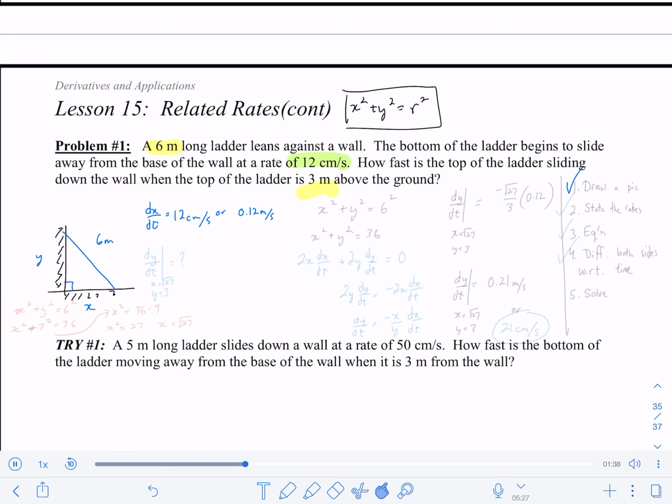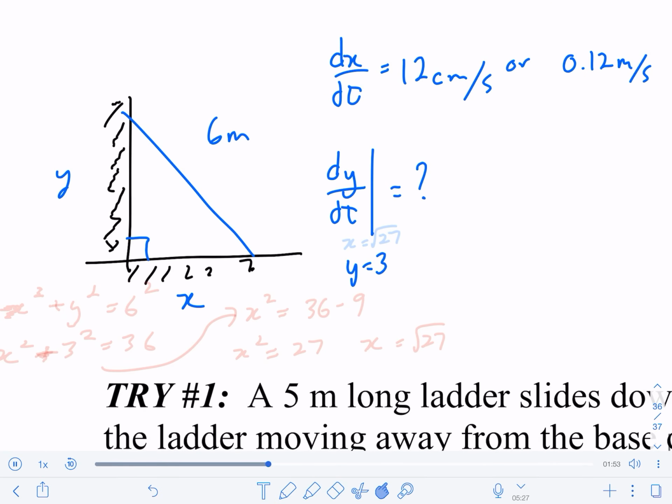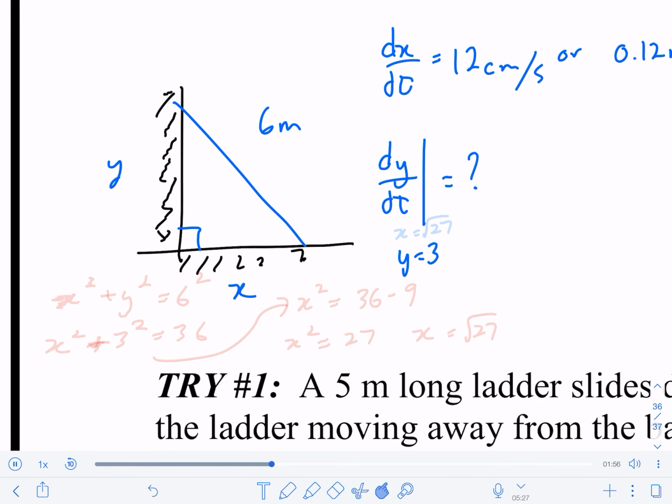Okay, and then dy/dt is what we're trying to find, and we're trying to find it when the top of the ladder is 3 meters. Now, when the ladder is 3 meters from the ground at the top, the bottom is also a certain distance. So I'm going to take a moment right now and figure out what the x is when y is 3.